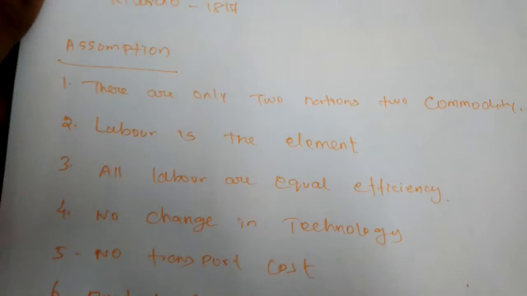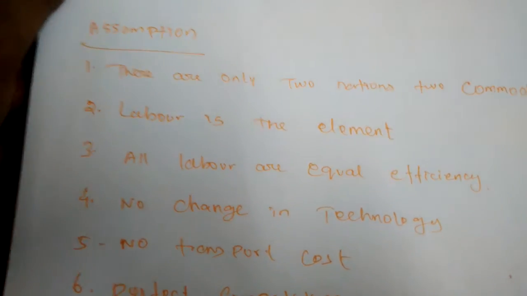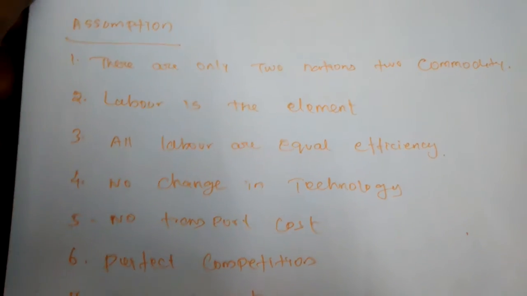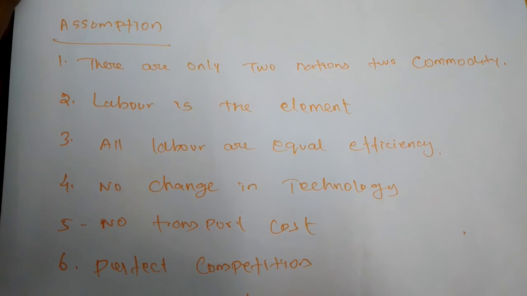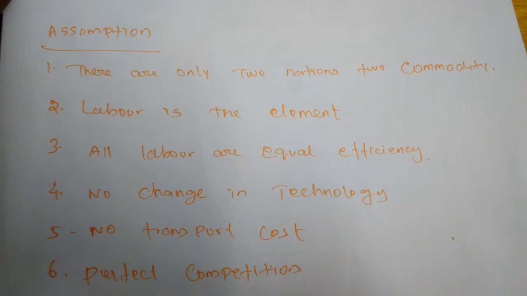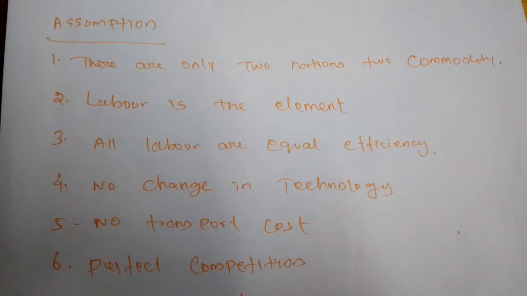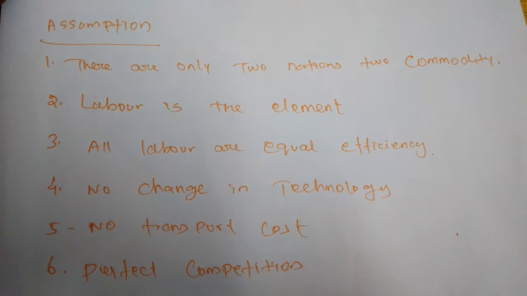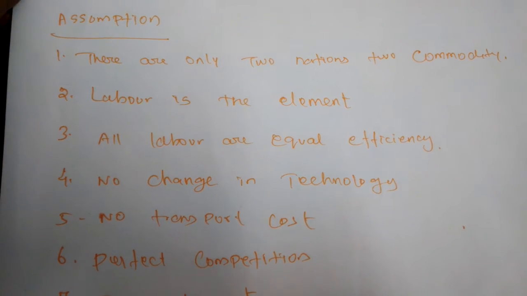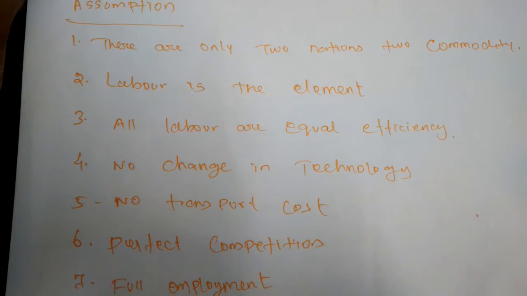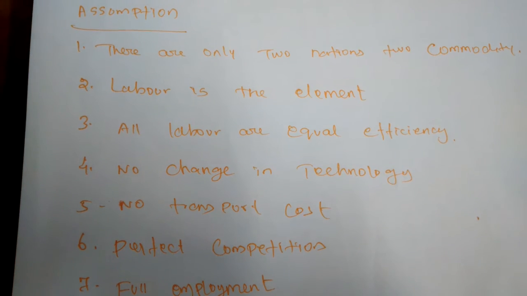For explaining these comparative cost advantages, we have to take some assumptions. There are only two nations and two commodities. Labor is the only element of cost of production.